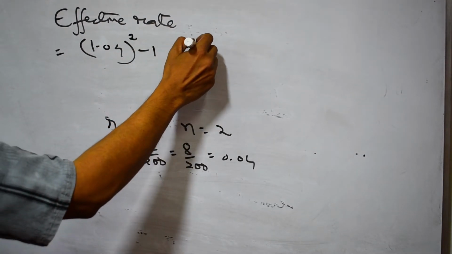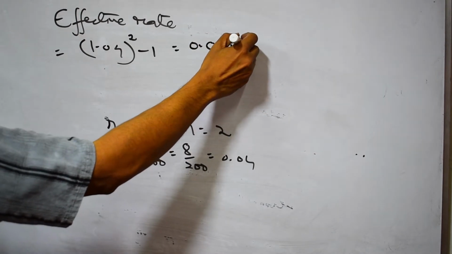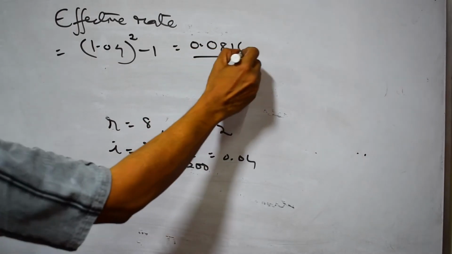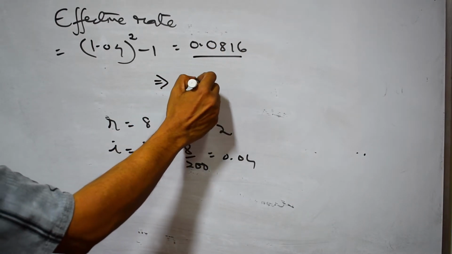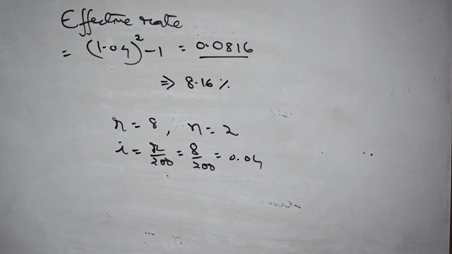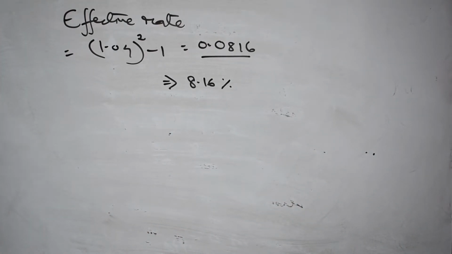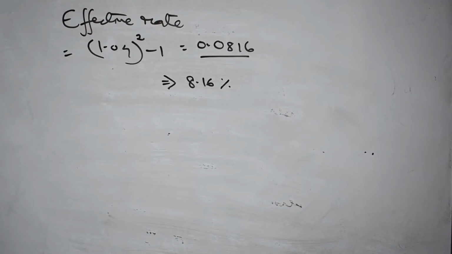It comes to 0.0816. If it is expressed in percentage, this means 8.16%. So 8% interest annual, when paid half yearly, is effectively 8.16%. That means the conversion will be 2 times a year.